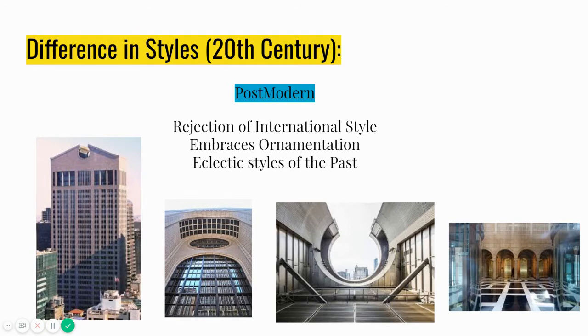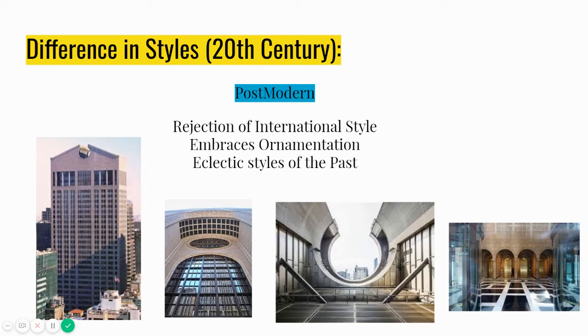And then we have that postmodern style. Again, it's the opposite. It's a complete rejection of the international style. It fully embraces ornamentation, and it is all about being eclectic styles of the past.